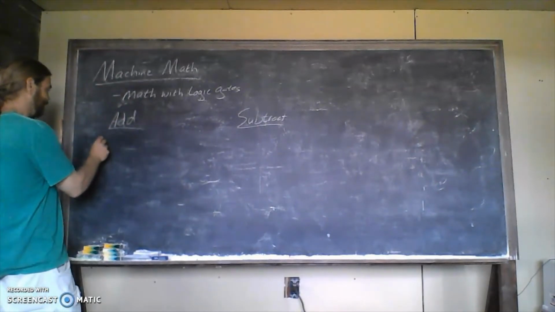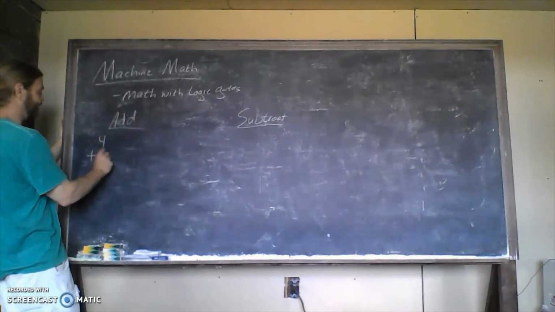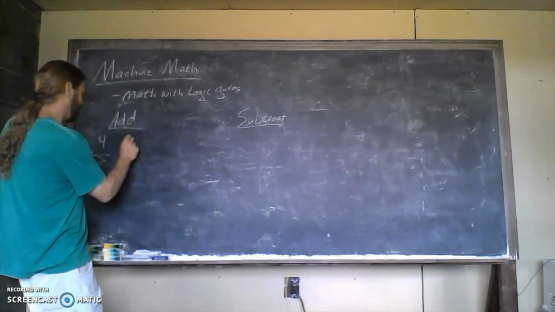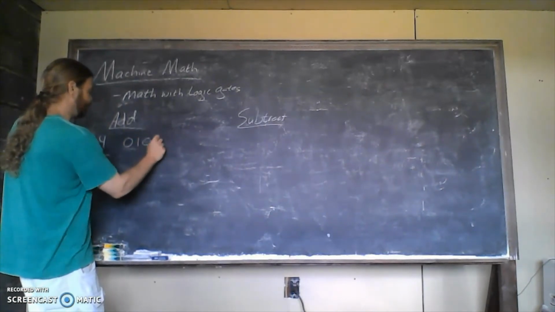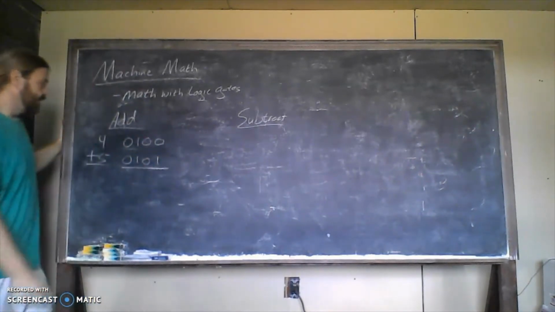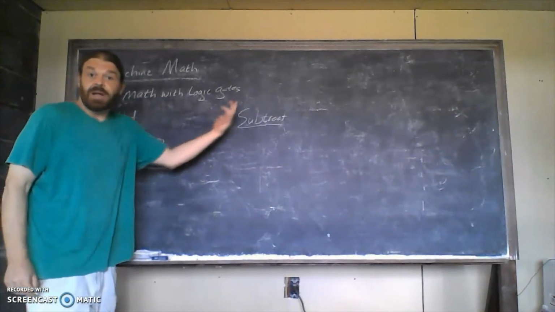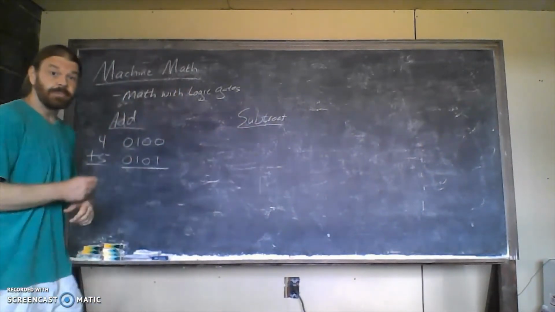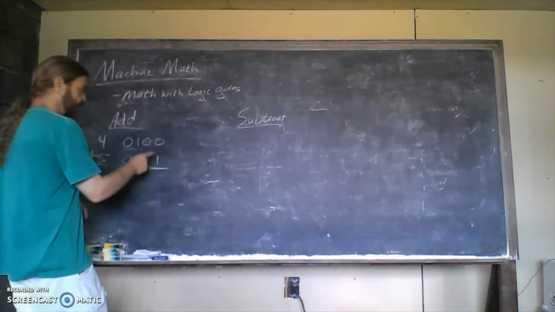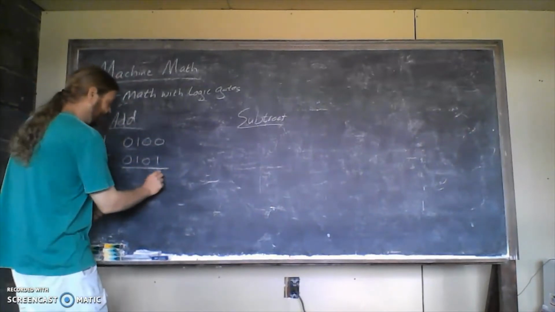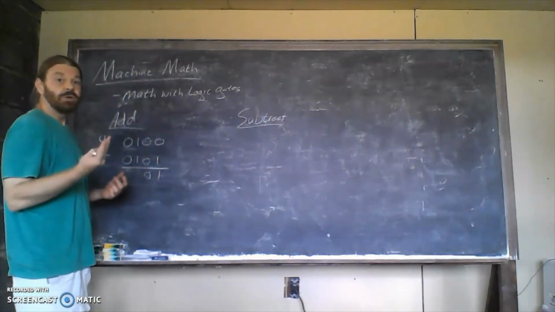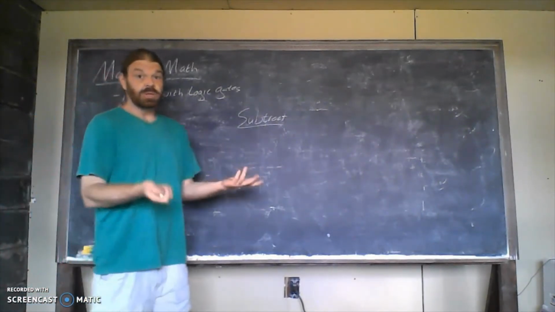So getting into adding. An example of adding, let's take 4 plus 5. Those are some easy numbers to add. We'll carry through all our process. So in binary, 4 is going to be 0, 1, 0, 0, and 5 is 0, 1, 0, 1. To add them, we would do just like we did way back in elementary school, writing things on paper, and we just take it one column at a time, right? Only we're in binary, so our only symbols are 0 and 1. 0 plus 1, well, that's easy, that's 1. 0 plus 0 is going to be 0. 1 plus 1, that's 2, which in binary, 2 is 1, 0.